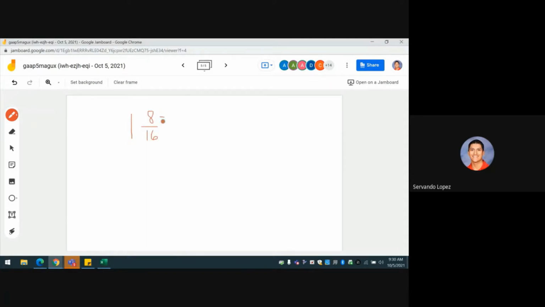So if I were to divide this by 8, what would I get? 1 over 2. So instead of doing the math, that's why I shared with you this strategy: every time the numerator is half of the denominator, you automatically are going to get a 1 over 2 or half.